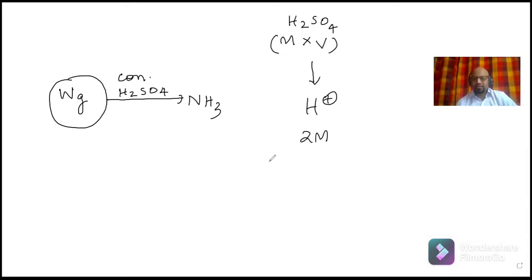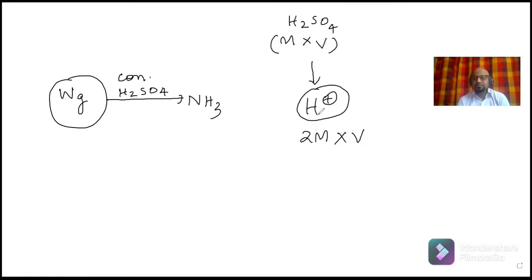Got my point? So for that reason, the concentration of H plus will be double the concentration of H2SO4. So this is the concentration of H plus, and of course the volume will remain the same as H2SO4. So this H plus is now going to be used to calculate the amount of ammonia present in the sample.